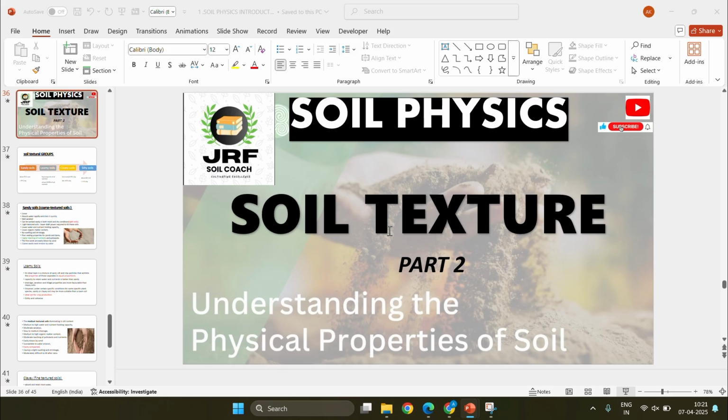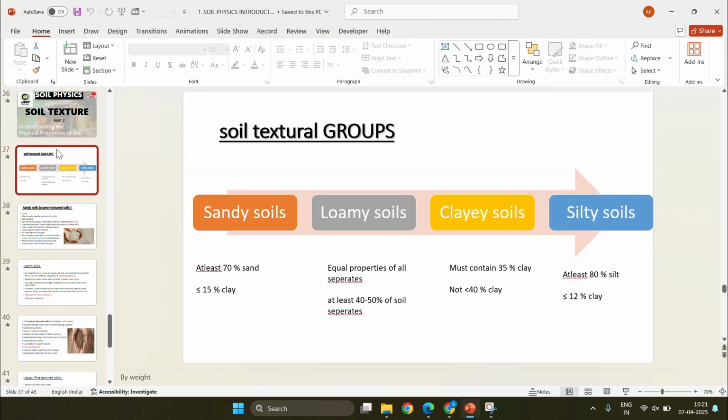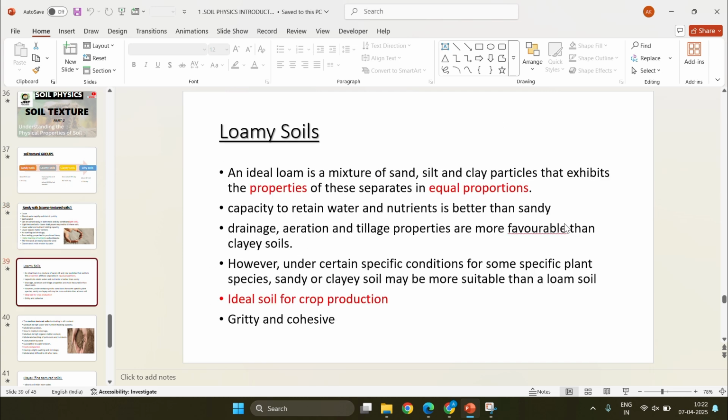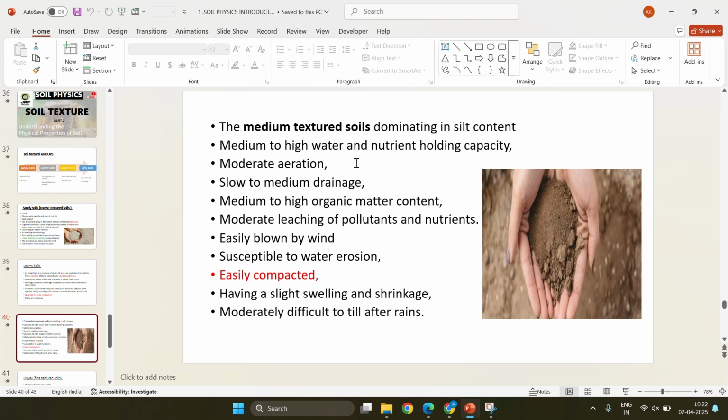So that's all about our class on soil texture. One thing you have to remember: loamy soil contains equal properties of all the separates in equal proportion. Medium textured soils are easily compacted.